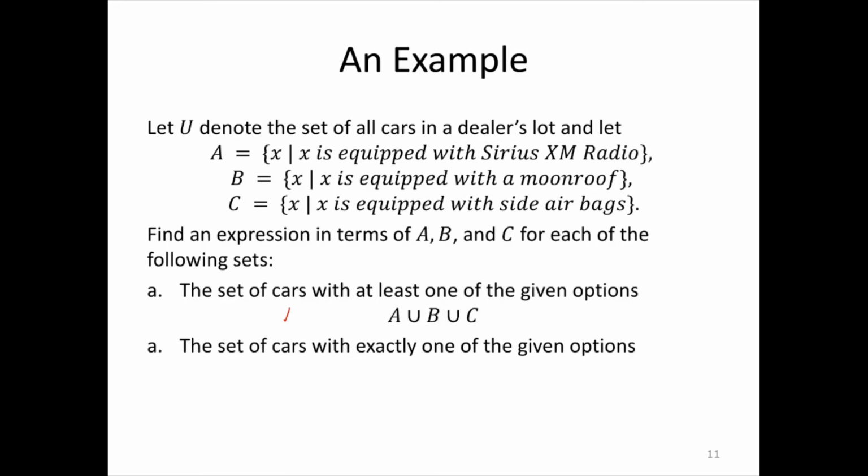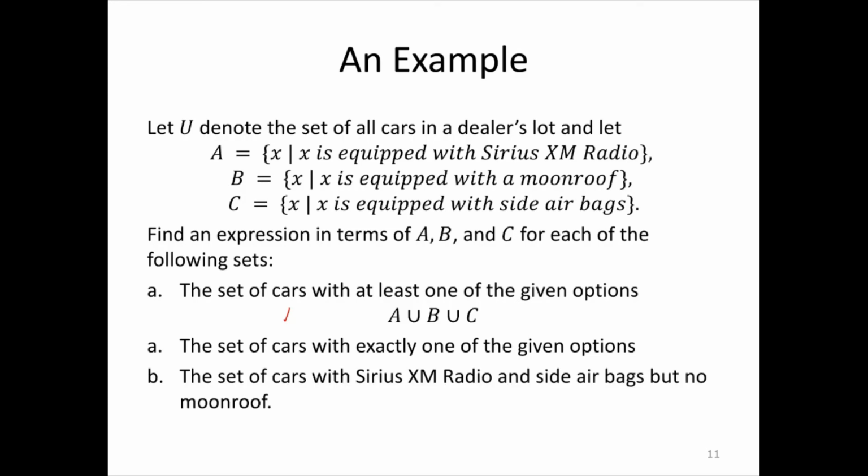Then we have another question: the set of cars with exactly one of the given options. So it only has radio, or it only has moonroof, or only airbags. How do we write this expression in terms of A, B, and C? You can think about that.